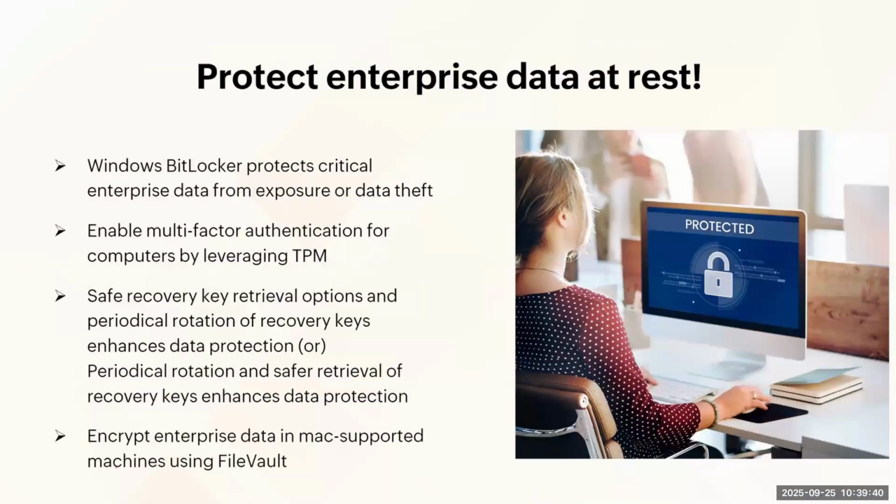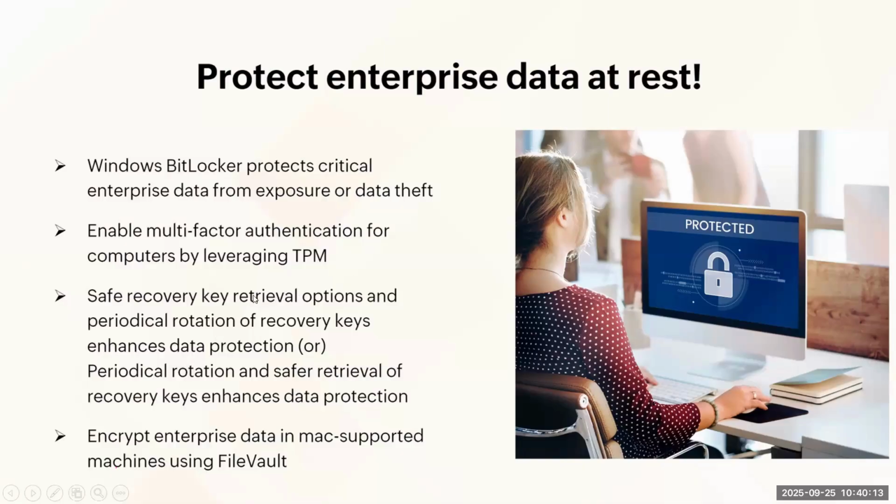Protect enterprise data at rest. There are two ways to protect data: you can protect data in transit and you can protect data at rest. With Windows BitLocker, it protects critical enterprise data from exposure or data theft. You can enable multi-factor authentication for computers by leveraging TPM, that is Trusted Platform Module.